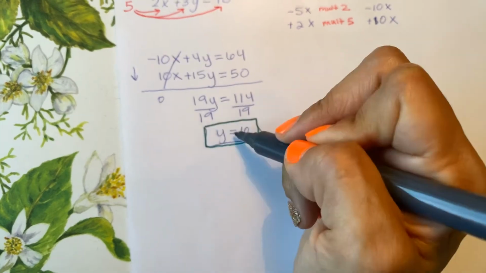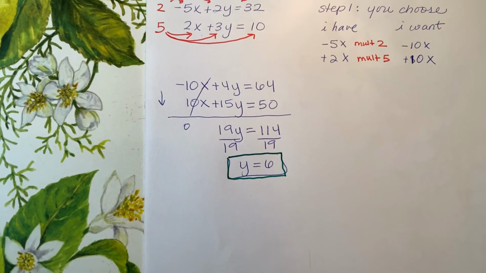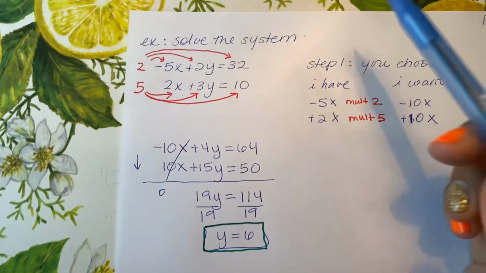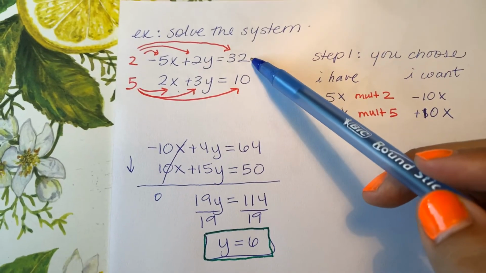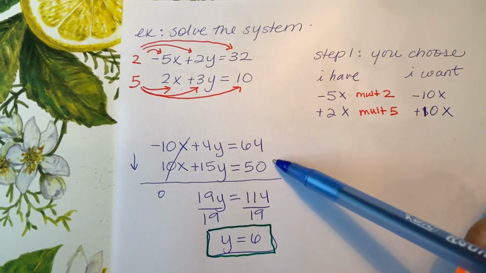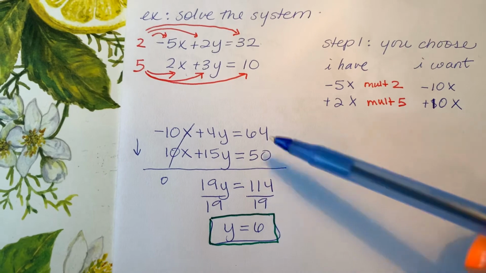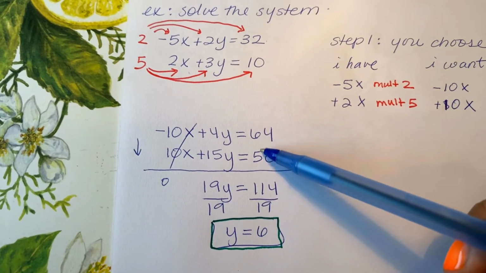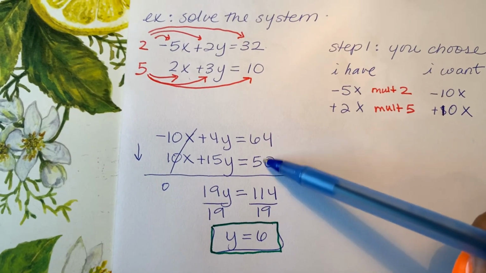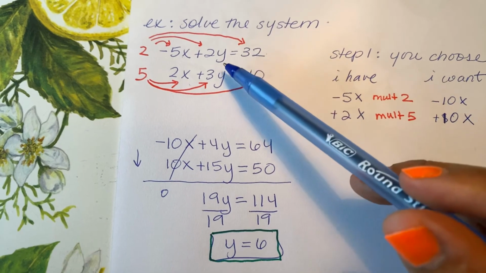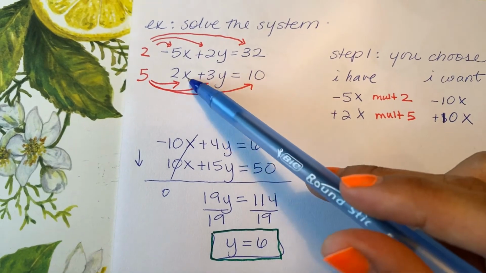Now step 4 is take this value and substitute it into one of these lines. You can use the first, the second, or either of the two manipulated lines. Usually you don't want to use these because they end up being higher numbers, so you like to start off small. I'm going to go for the second one because of the 2s and 3s.